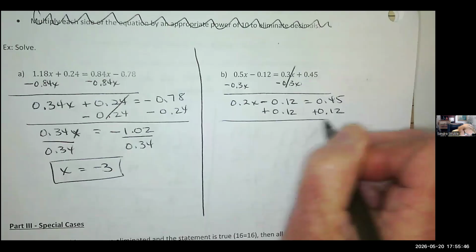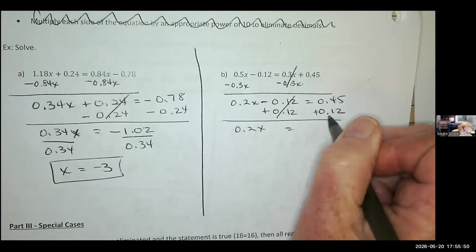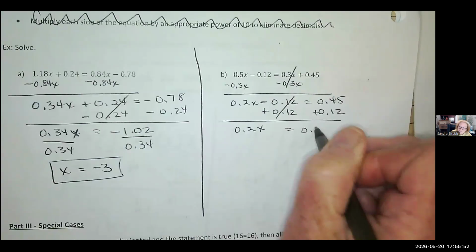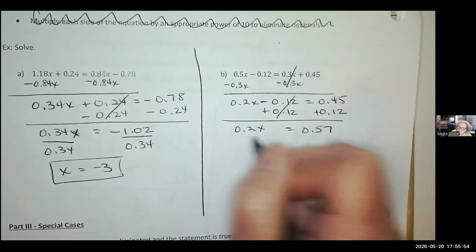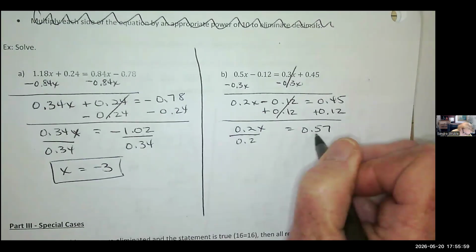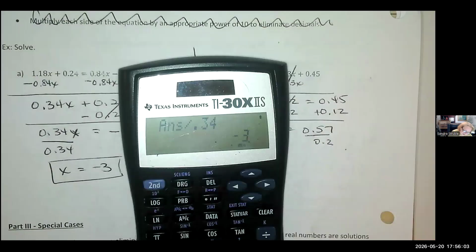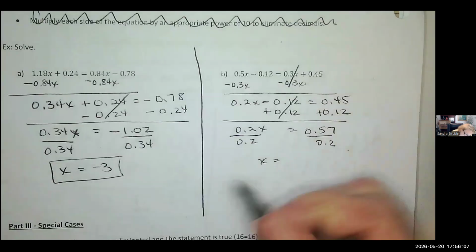Gone. 0.57. All right, and then 0.2 is multiplied to x, so we're going to divide both sides by 0.2. And x is equal to 2.85. Please don't round unless I ask you to, or my open math asks you to. x equals 2.85.